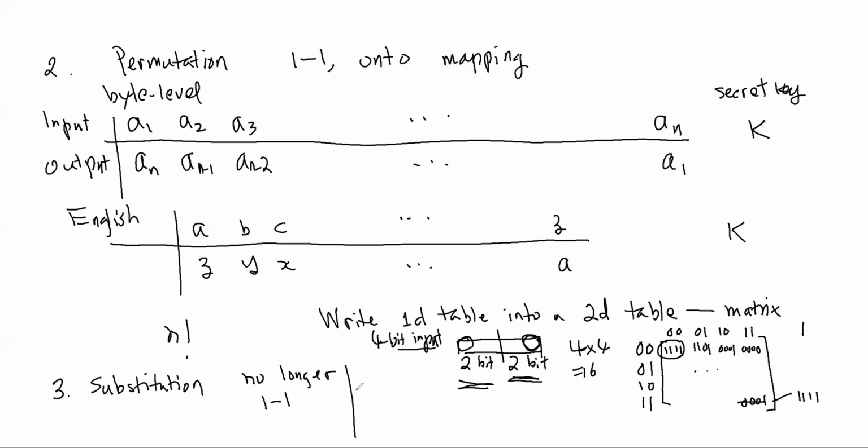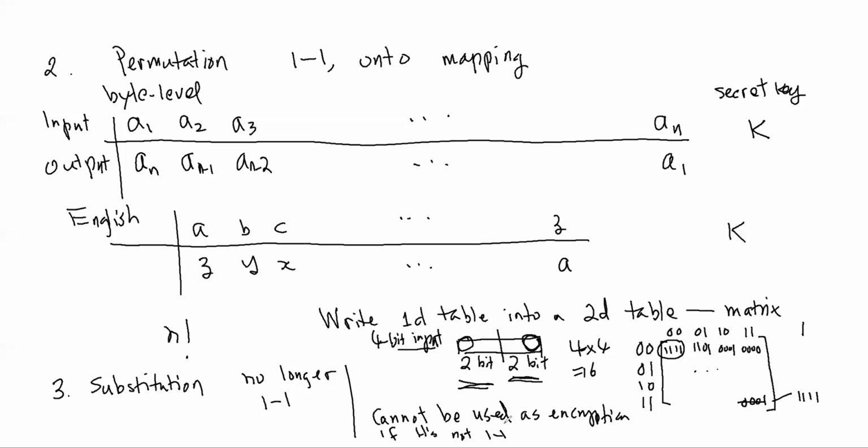So this cannot be used as encryption if it's not a permutation, if it is not one-to-one, because that is not reversible, okay?